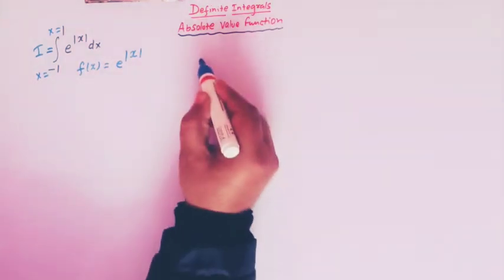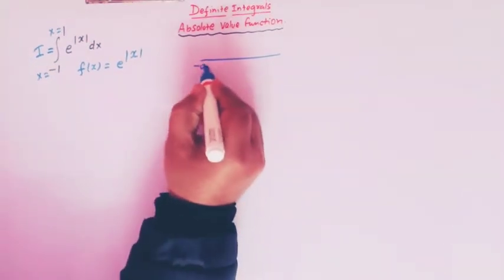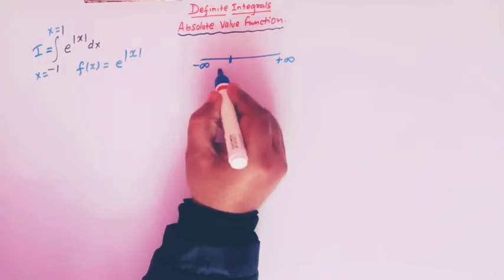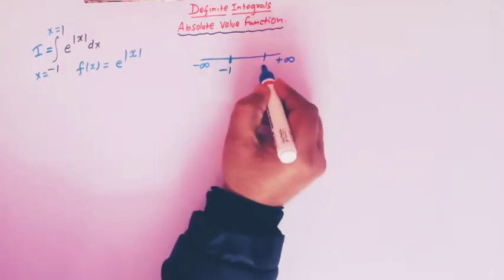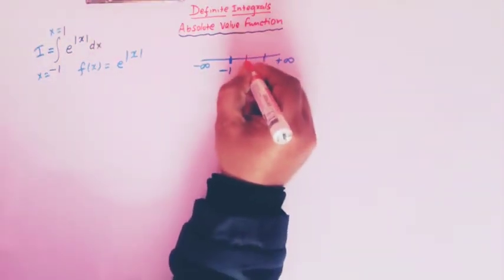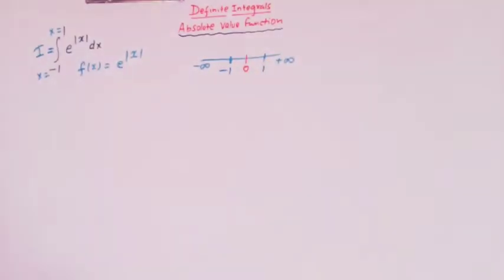If we take these two numbers on the real number line, here we have -1 and here we have 1, and between -1 and 1 we have the number 0, which lies somewhere here.